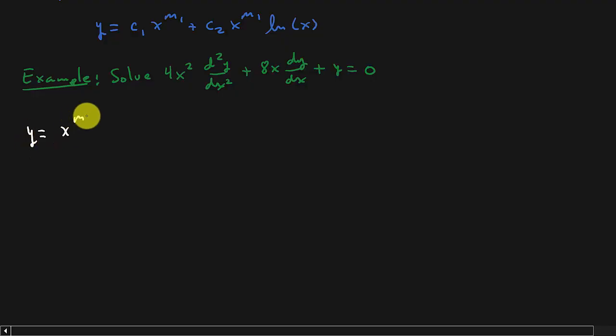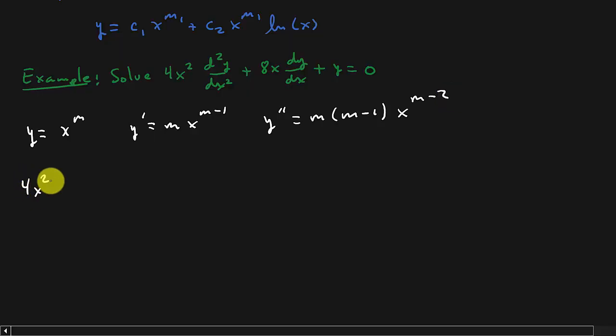So we're going to assume the solution y equals x to the m, and I need all the way to the second derivative. So y prime is m x to the m minus 1, y double prime equals m times m minus 1 times x to the m minus 2. And we're going to plug everything in.